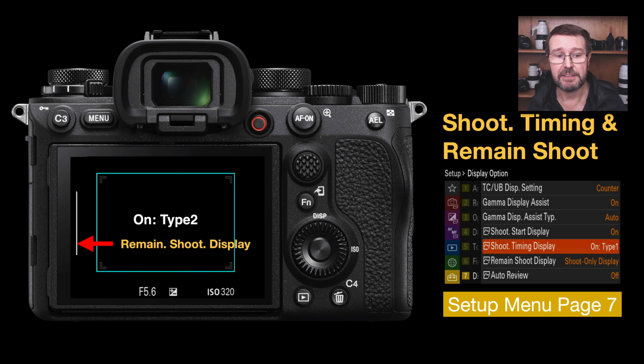Typically my favorite visual display is type 2. We get this aqua flashing box around the size of the frame area. So if you've gone down from wide to zone, it'll start flickering around your zone area to say, I'm taking pictures now. So there's a clear idea that the camera is working.